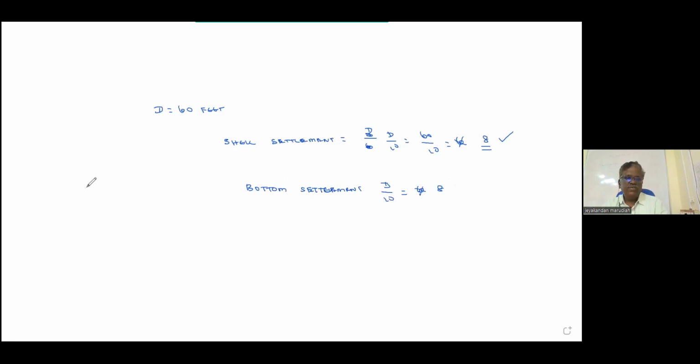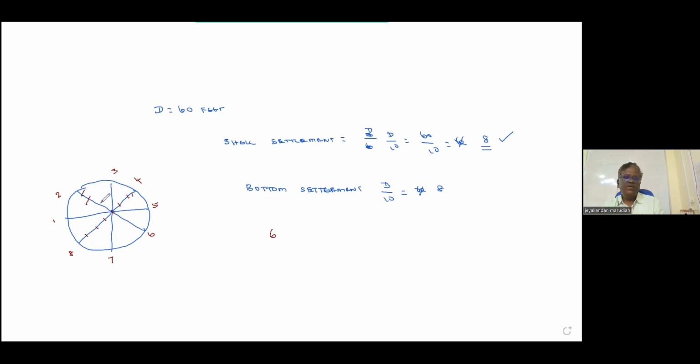If you draw this for the bottom, 1, 2, 3, 4, so we have 8 sets of readings. Each set is at the bottom level, and every 10 feet you have to take a reading. So what is the diameter here? 60 feet.